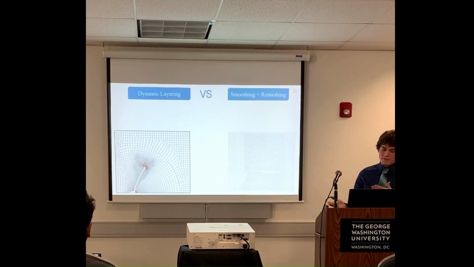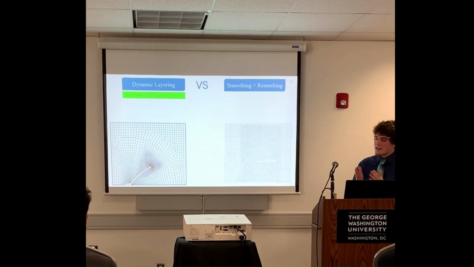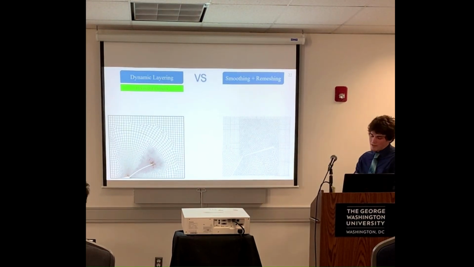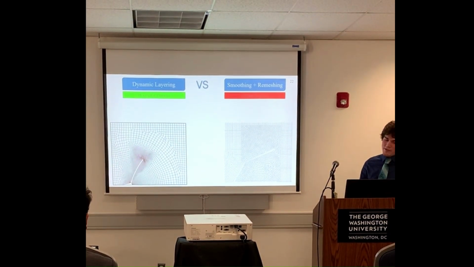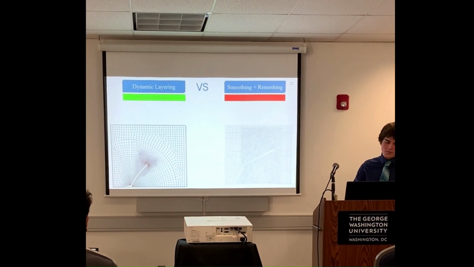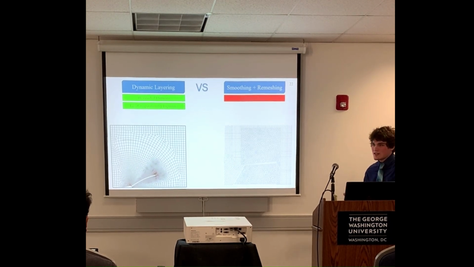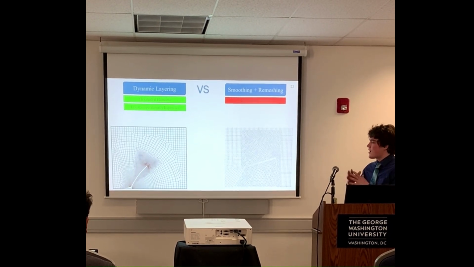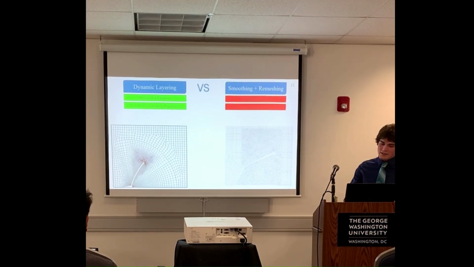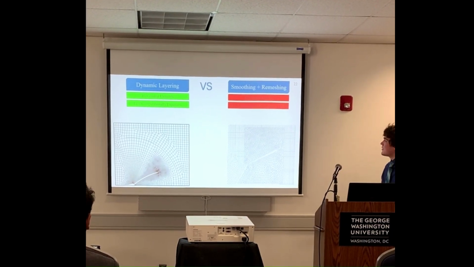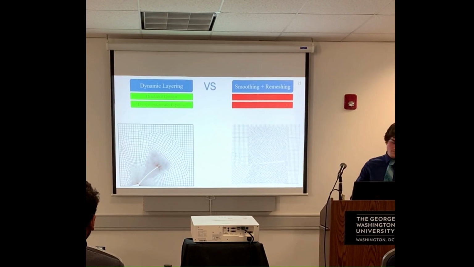So let's compare dynamic layering with smoothing and remeshing. Hexahedral elements with dynamic layering, tetrahedral elements with smoothing and remeshing, which, as I said before, are more diffusive. Dynamic layering is less computationally expensive, so it's not constantly having to remesh like in smoothing and remeshing, especially since 3D remeshing can get really slow.